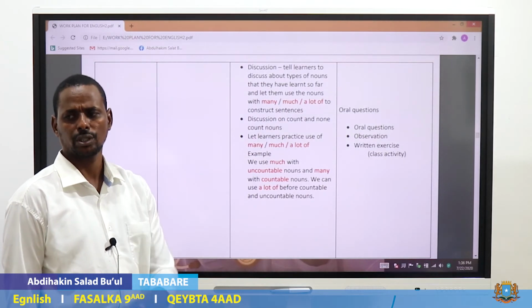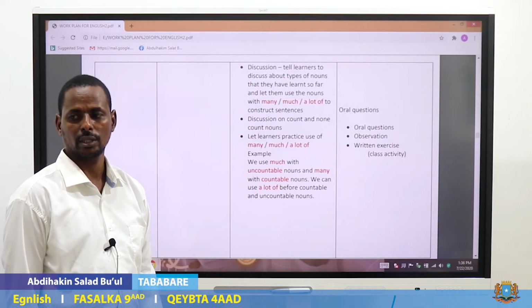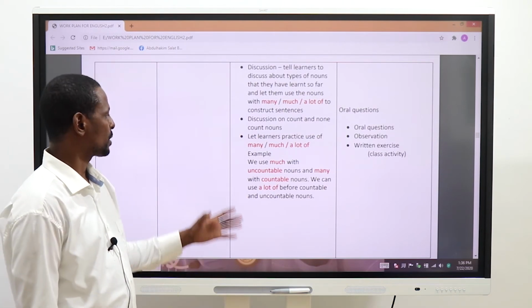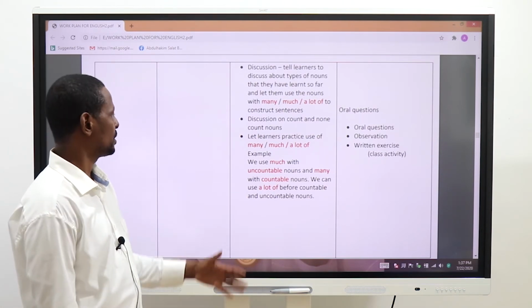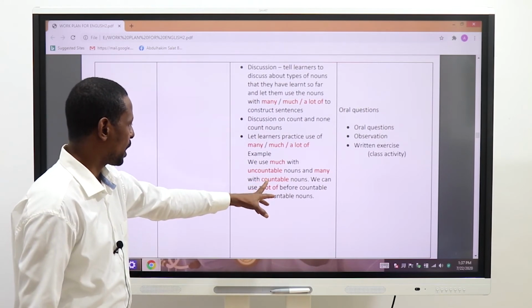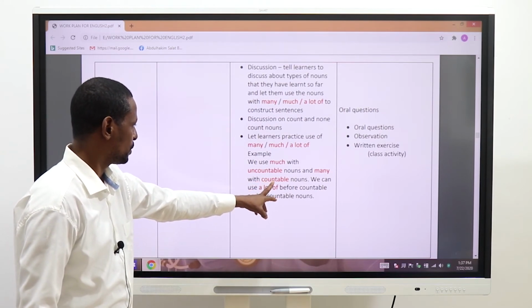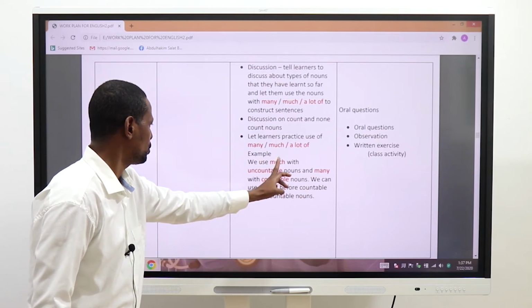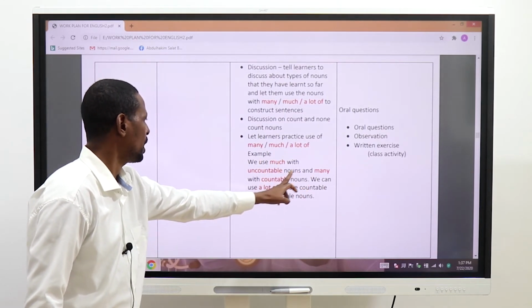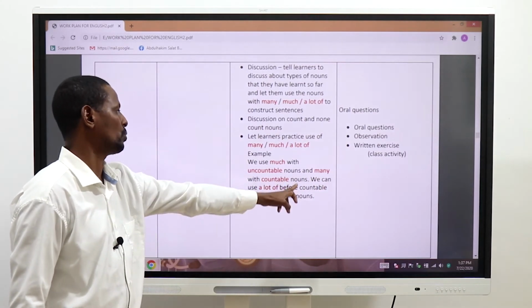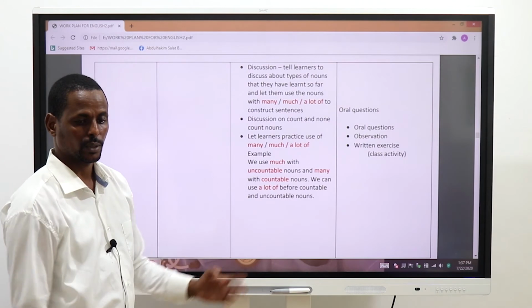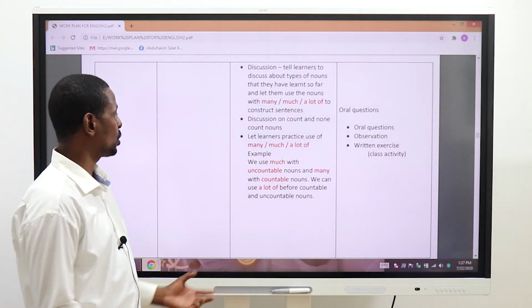There is much salt in the food. There is much sugar in the tea. There are many students in the class. For countable nouns, many. We use much with uncountable nouns and many with countable nouns. We have many books here, many chairs, those that we can count. Those we cannot count, much.